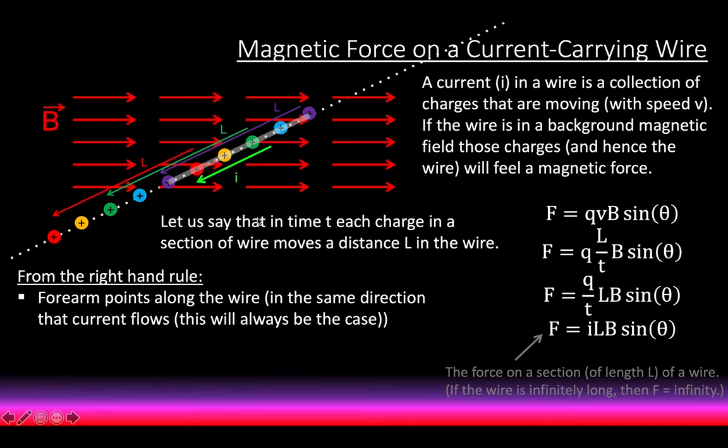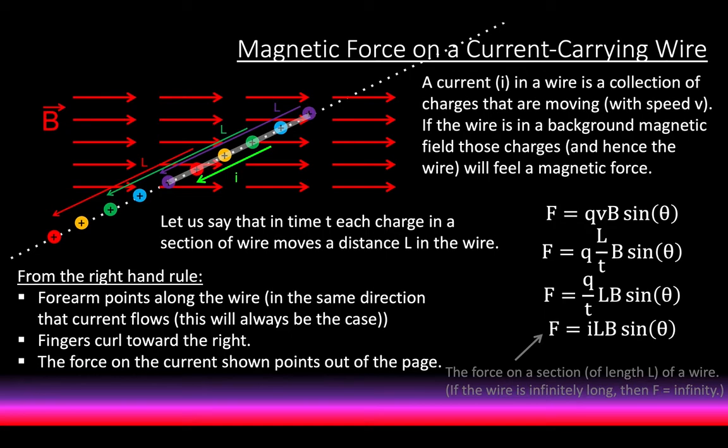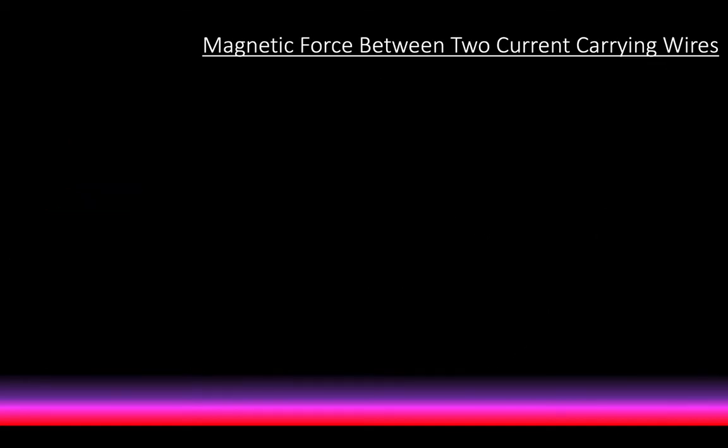So my forearm will point down and to the left. Then I will curl my fingers in the direction of the magnetic field. In this case, my fingers need to curl more than 90 degrees. They need to curl more like 135 degrees. And when I raise my thumb, it is pointing out of the computer screen. So the force on this section of wire is going to be pointing out of the computer screen.